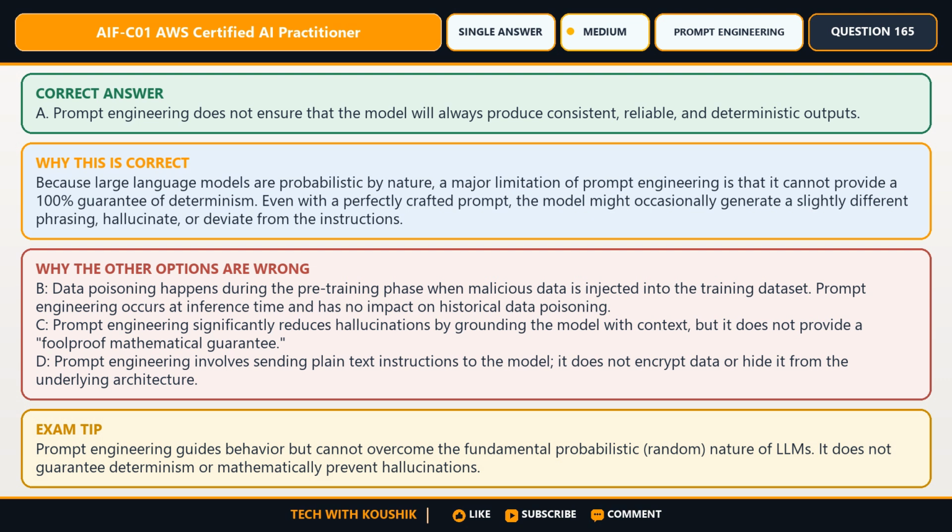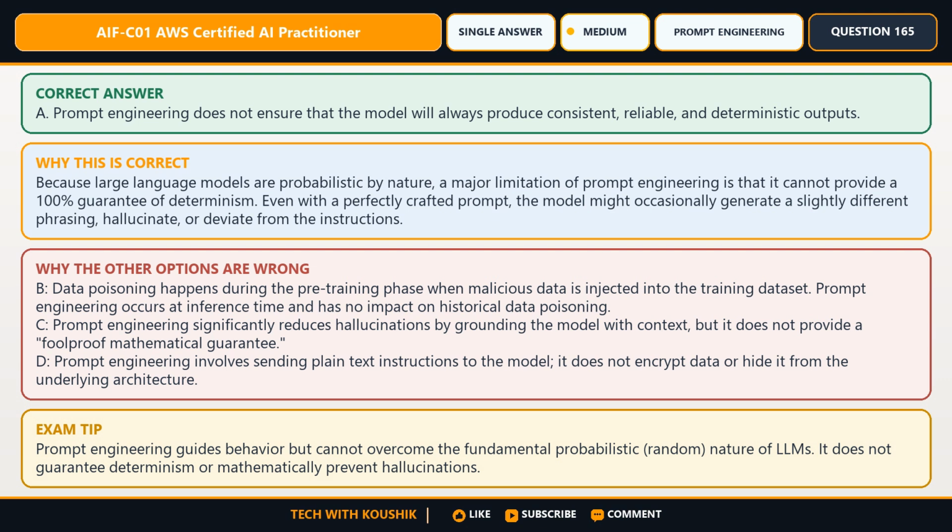B. Data poisoning happens during the pre-training phase when malicious data is injected into the training dataset. Prompt engineering occurs at inference time and has no impact on historical data poisoning. C. Prompt engineering significantly reduces hallucinations by grounding the model with context, but it does not provide a foolproof mathematical guarantee.